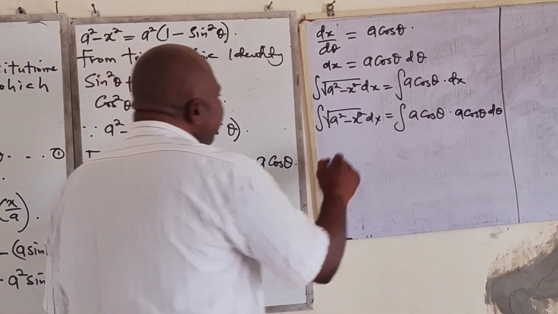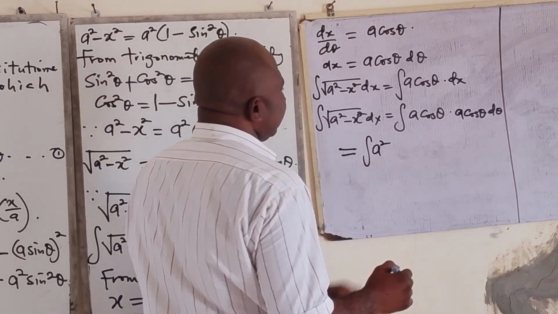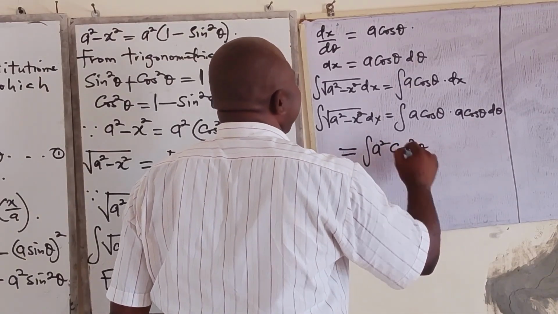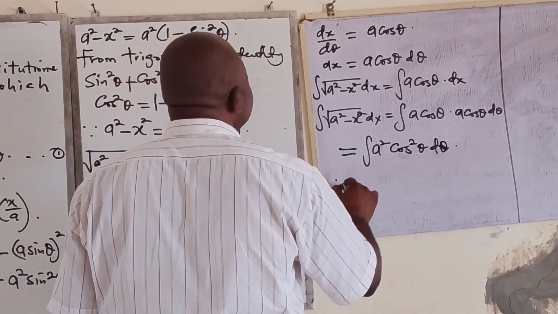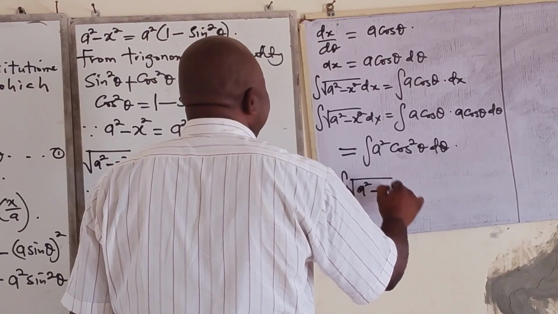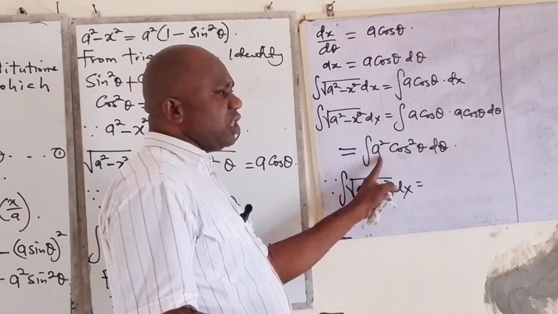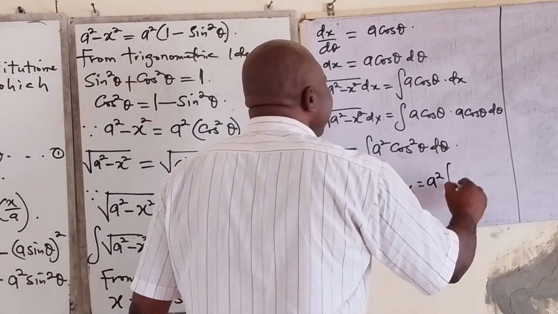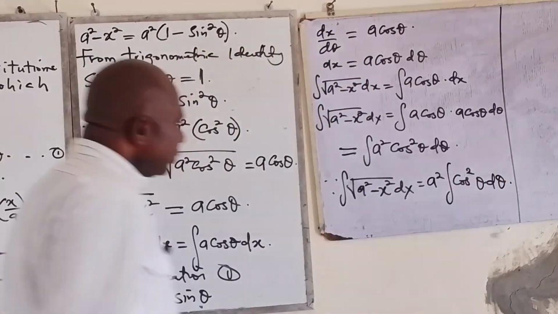So the whole of this will be equal to a times a, which is a squared, and cos theta times cos theta is cos squared theta d theta. Because a is a constant, we can put it out. So here we have a squared integral cos squared theta d theta.